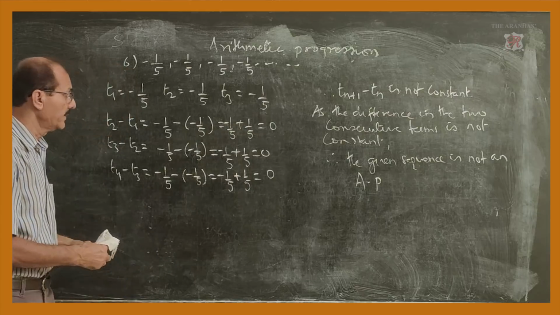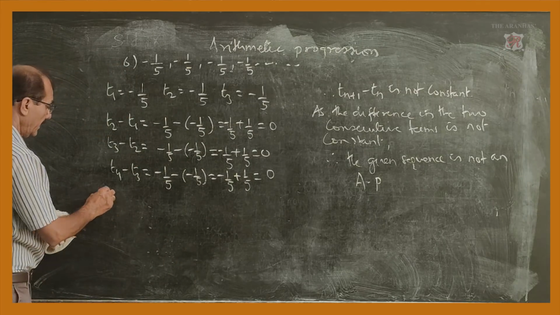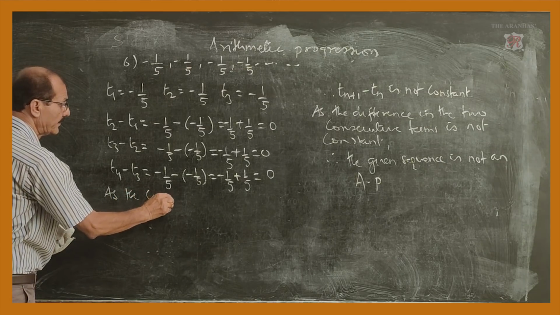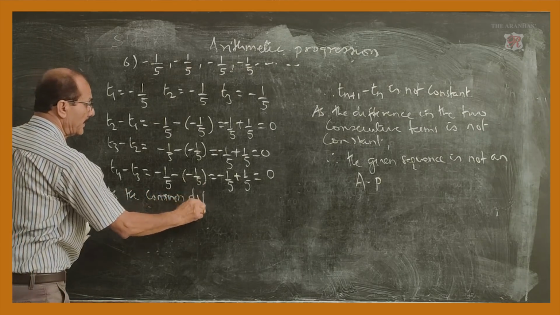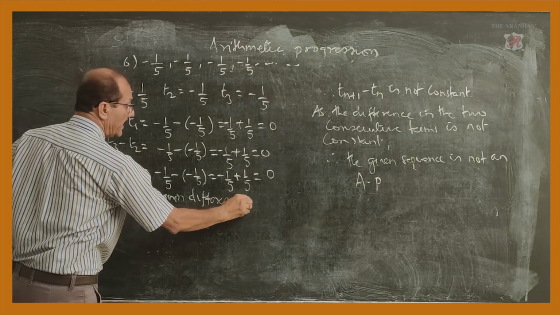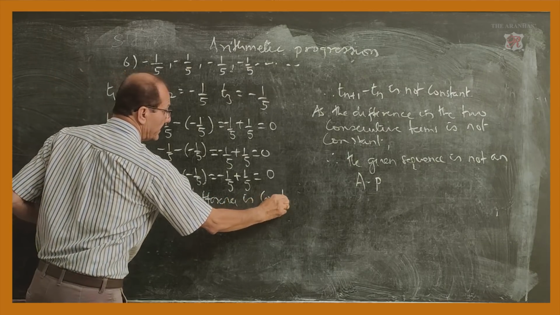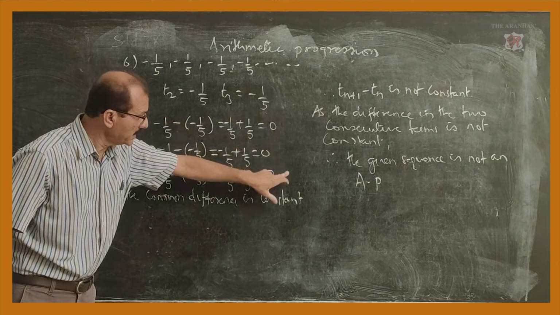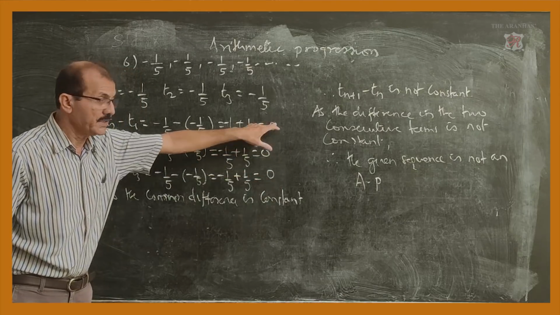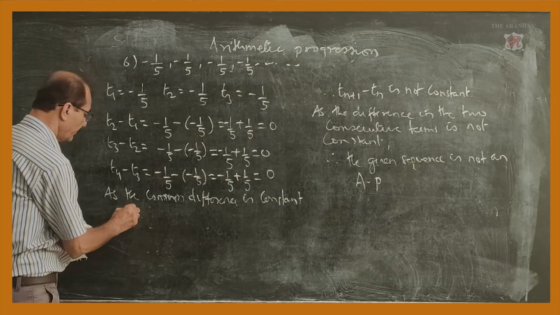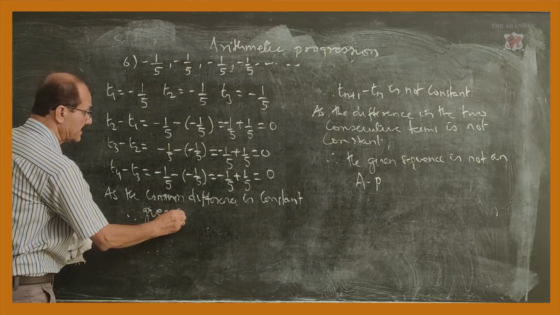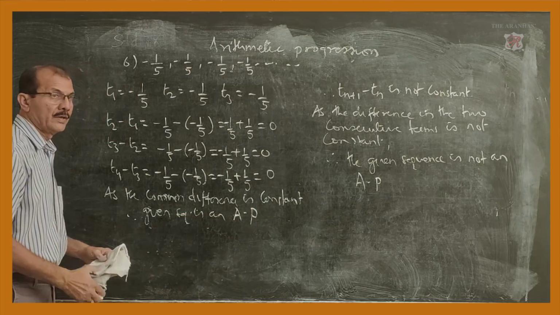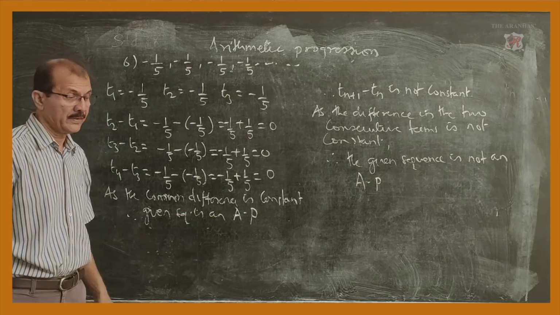So you find that the common difference is constant. See, I did it for 3 terms: 1, 2, 3. For all the 3, the difference is 0, which is constant, and therefore the given sequence is an AP.